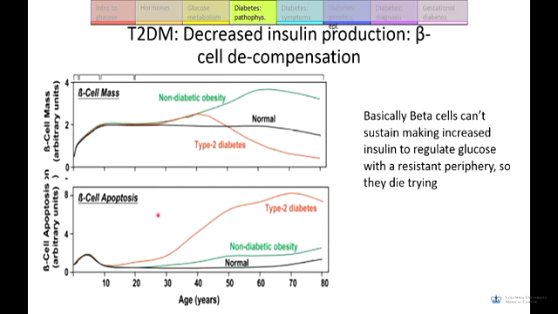And the reason you can't do that is because your beta cells are dying. You look at the beta cell apoptosis graph down here. You see a lot of your beta cells are dying in type 2 diabetes. So basically the beta cells can't sustain making this increased insulin, which is required to have the same effect with these insulin-resistant people, and the beta cells just die trying.